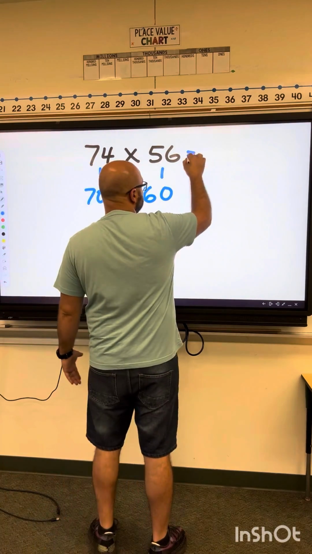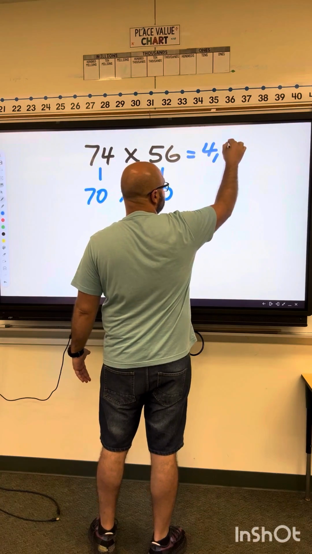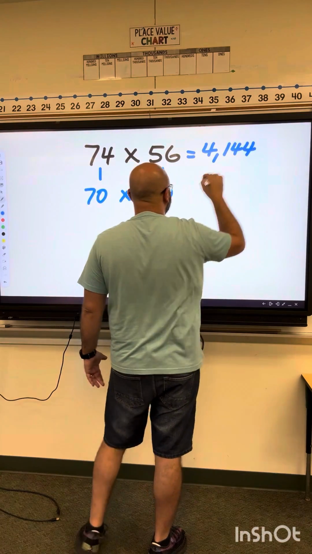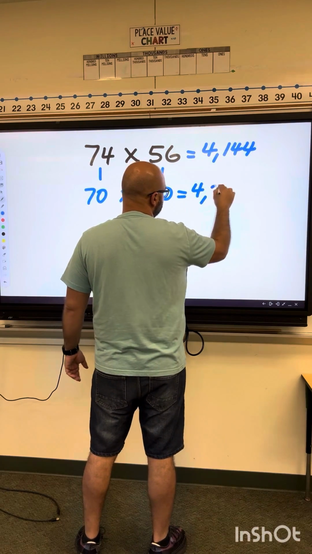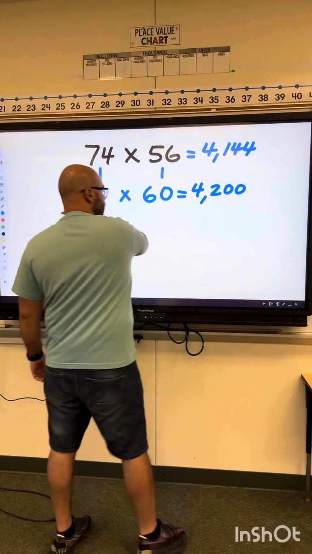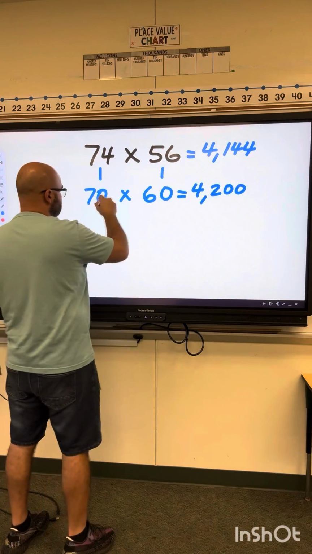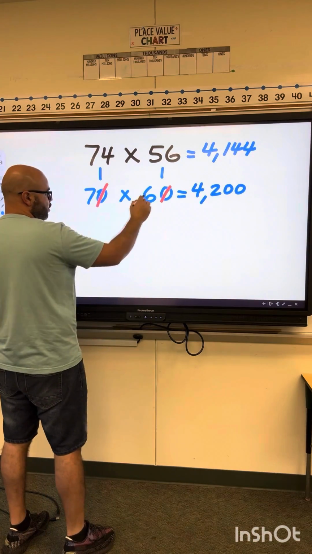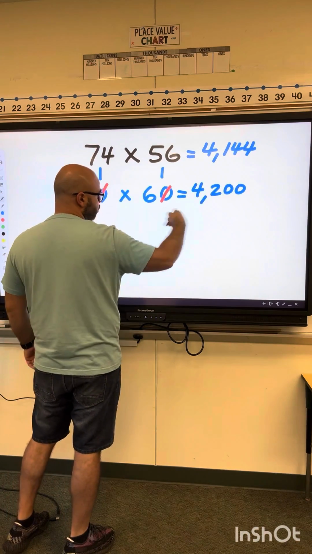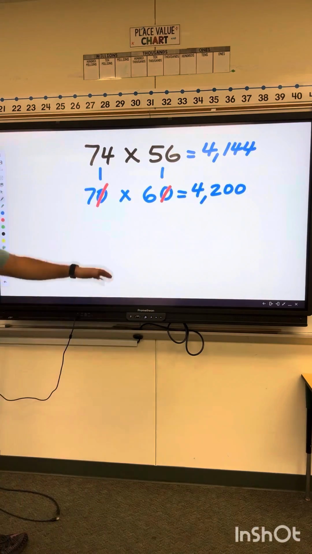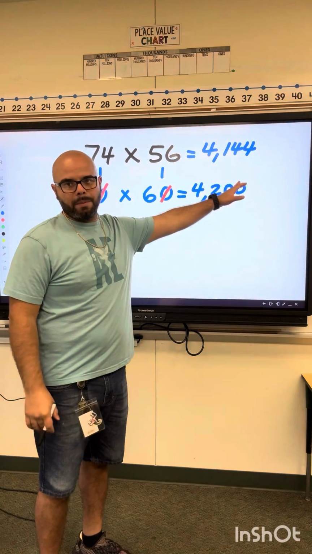So our original answer, or exact answer, is 4,144, but they want an approximate or about, right? So it would be 4,200 for this one, right? If you solve it, going across, again, taking the zeros out, solving the fact here, 7 times 6, which is 42, putting the zeros back on. This is an approximate, right?